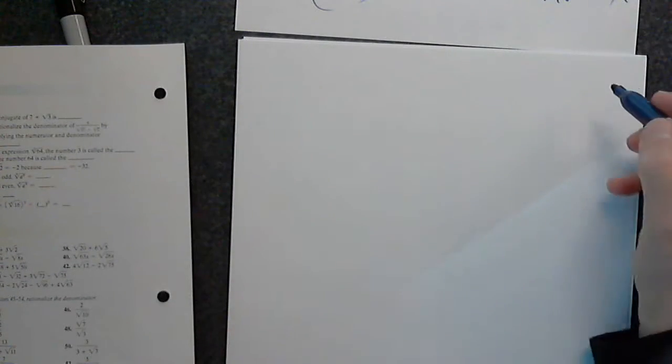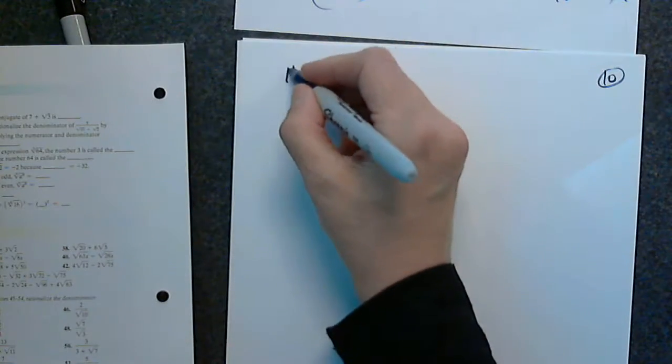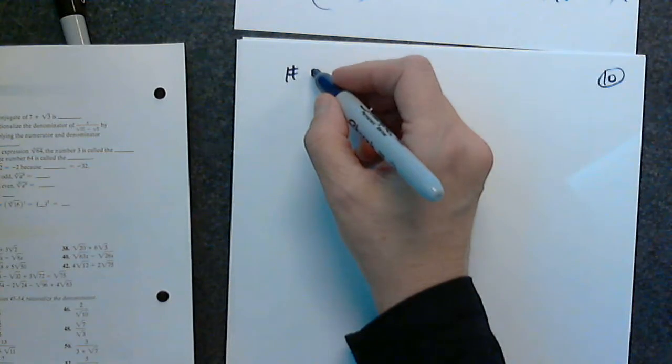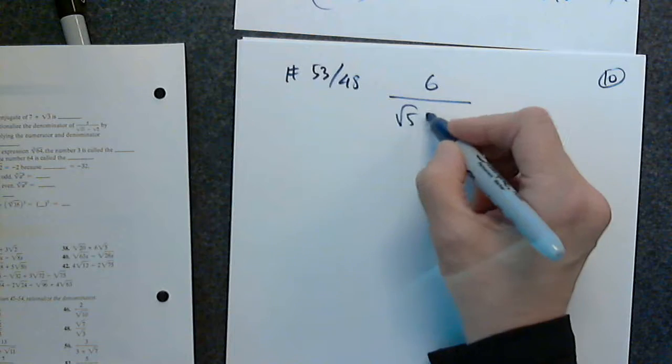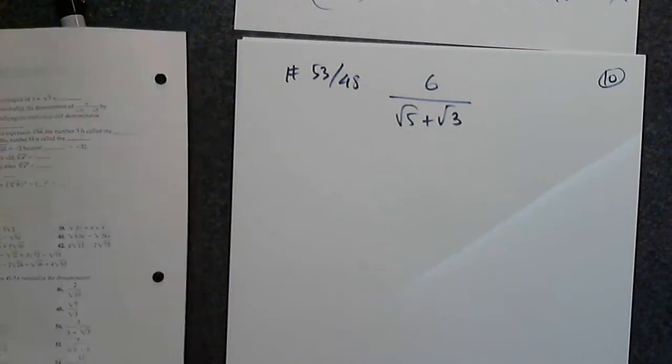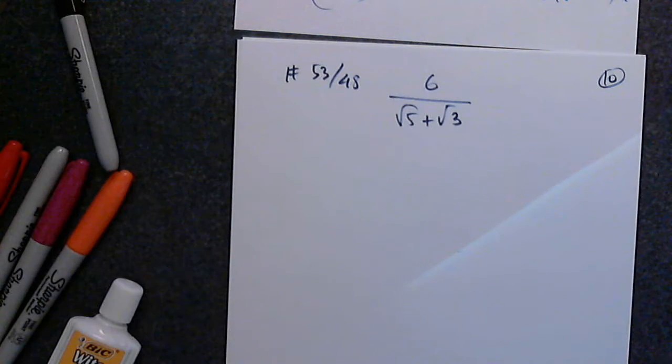Any questions for me, please? So this is 6 over the square root of 5 plus the square root of 3. This is not the first type. It's the second type.